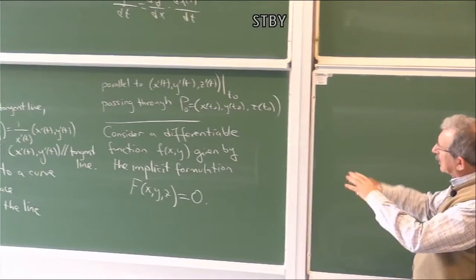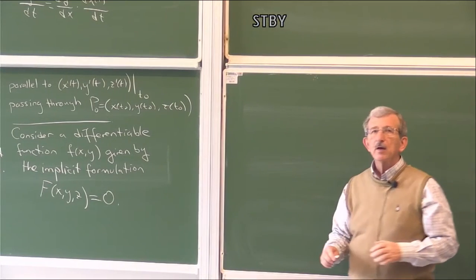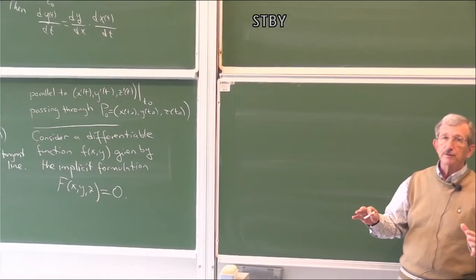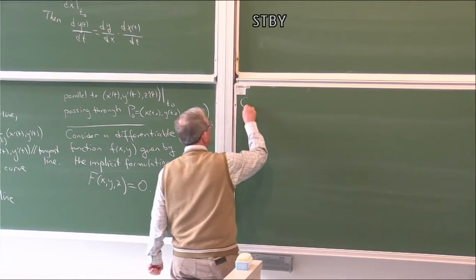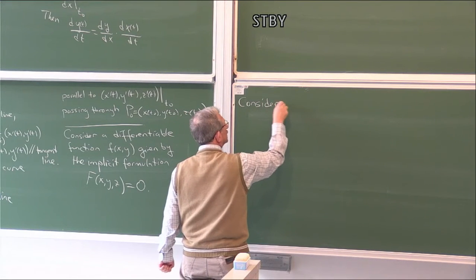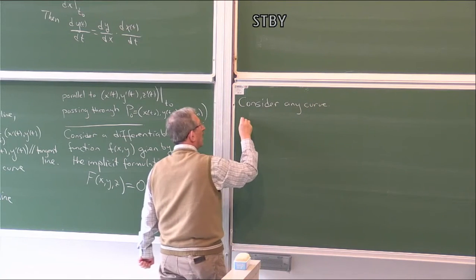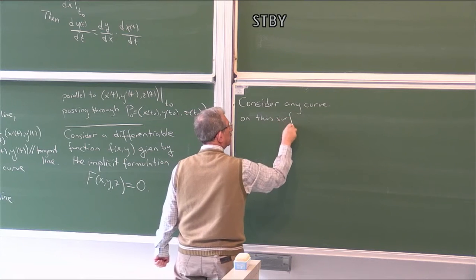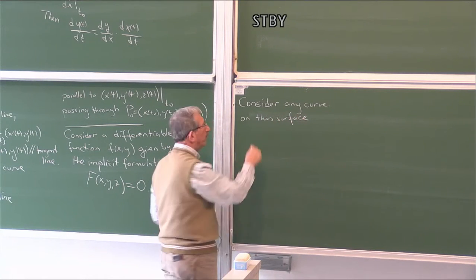Now, this is a surface given implicitly. Now, consider any curve on this surface. To make this more understandable, I will make a picture in a minute. Consider any curve on this surface, of course, passing through a fixed point.